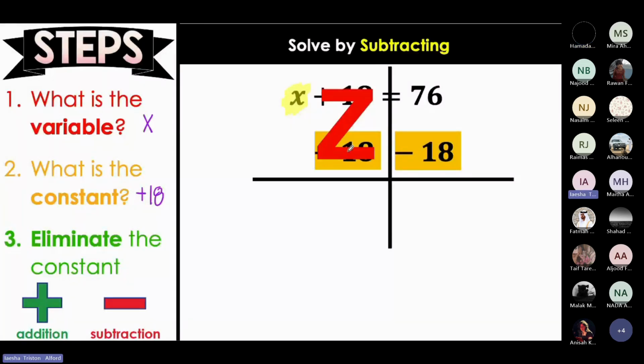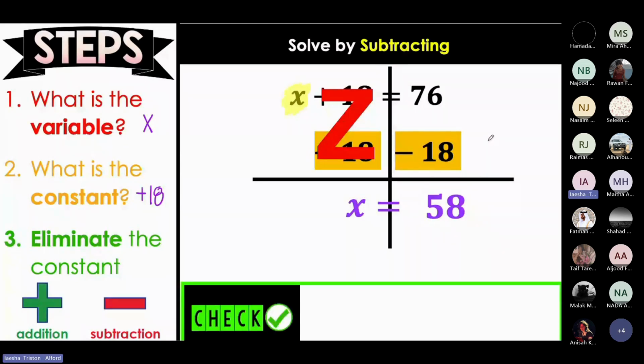The x, you keep it where? Down. Did I change any side? No. The x, you put it down on the same side. Now, 76, subtract 18. Positive 58. Finished.